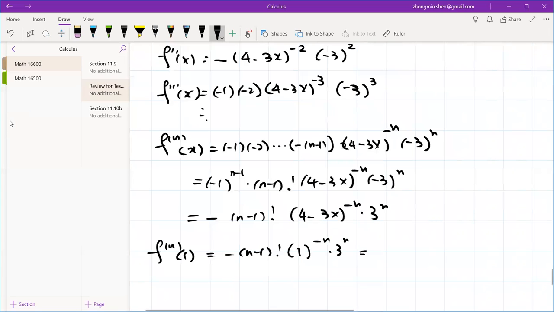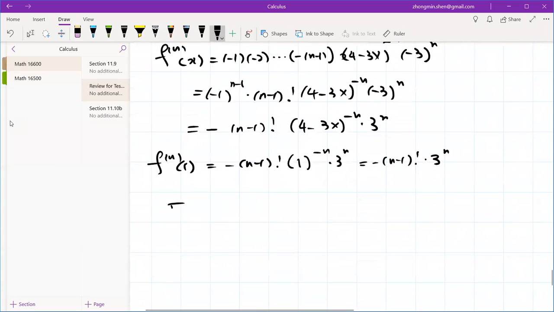Okay, so after I simplify, this is it, right? So the Taylor series is going to be the sum of negative (n minus 1) factorial over n factorial, times 3 to the n, times (x minus 1) to the n. Okay, then you have to simplify a little bit.